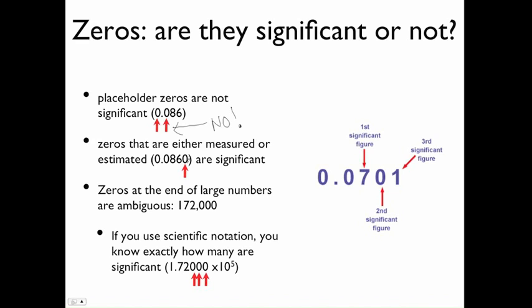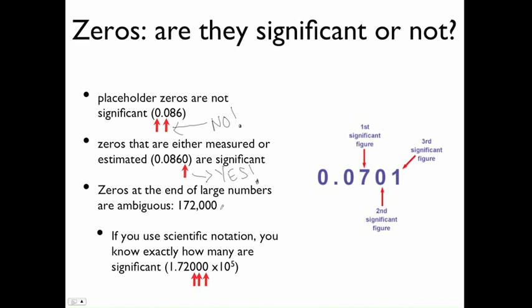So you see this 0 here, someone put that there, and that means that number was exactly 0.0860, and so that one is. If they took the time to write that 0 at the end, it's important. These ones in the beginning are kind of a means to the end. You have to write them to get to the rest of the number.